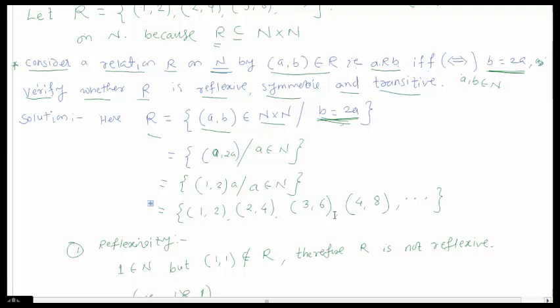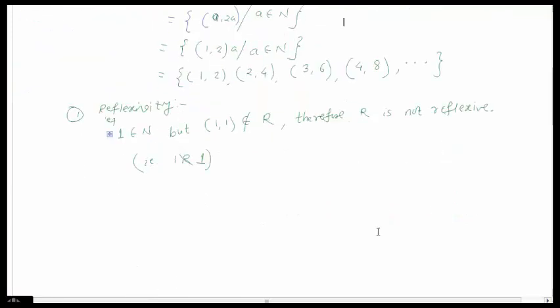This relation R is the same as the above relation R.